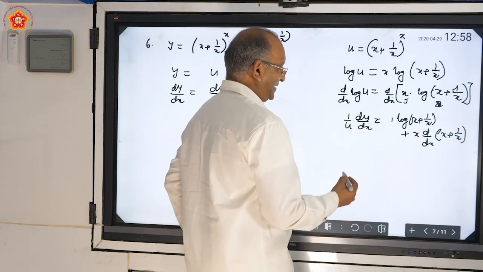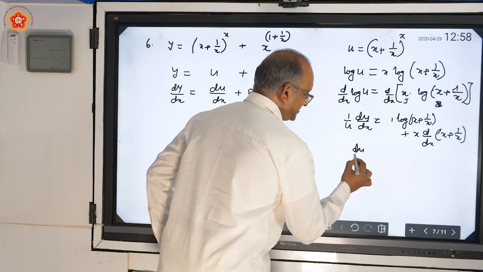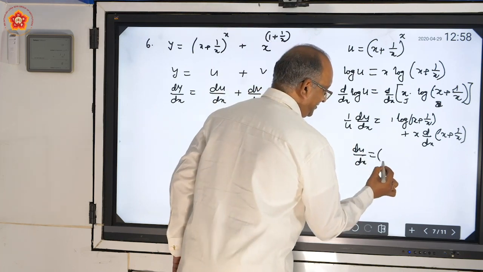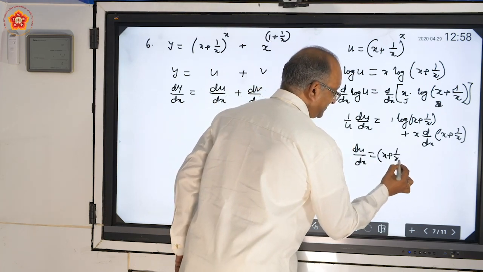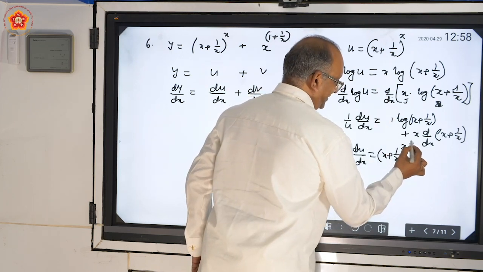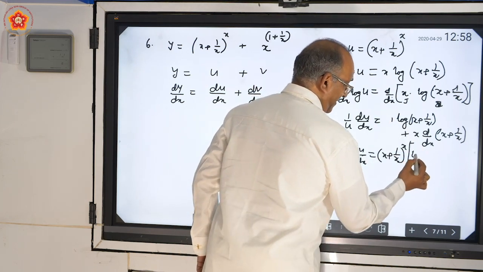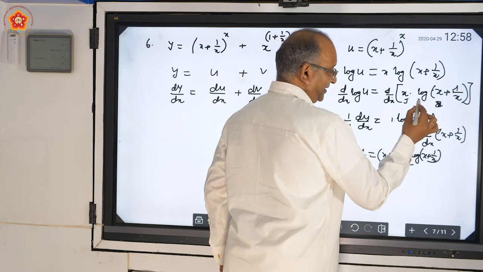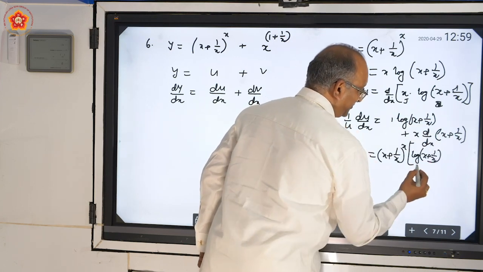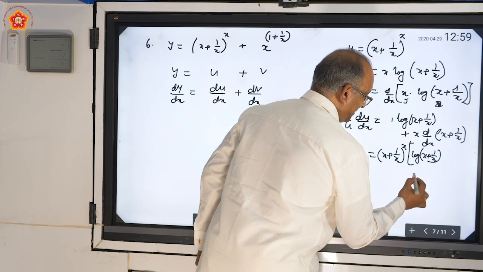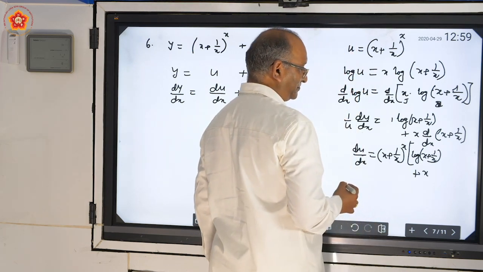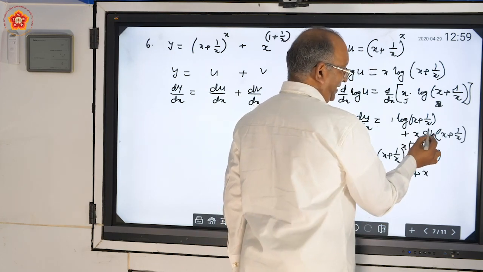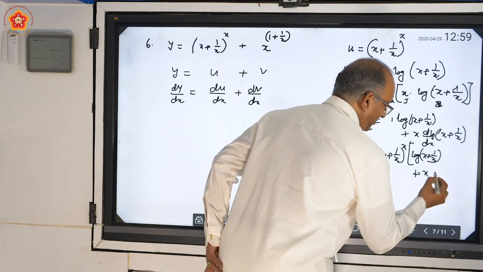So the answer will be du by dx equal to, this u will go to the other side, that is the problem itself, (x plus 1 by x) to the power x, and then log (x plus 1 by x) will remain as it is. The only thing we need to differentiate is the other one. So it will become plus x into, here we also have log. So d dx of log of something, that will come as the denominator.